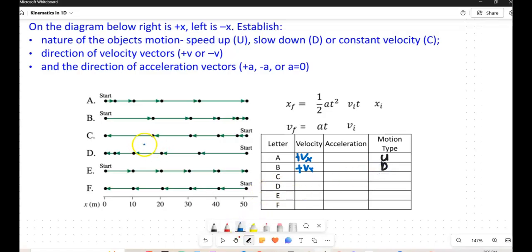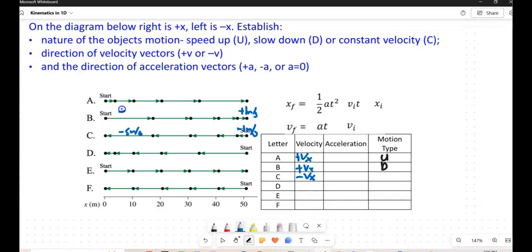Okay. C, well, you start here at the 50 meter mark. You're starting here and you're moving to the left the entire time. So C is a negative velocity vector in the x direction. And C starts out with a small vector that's negative 1 meter per second and ends up moving at negative 5 meters per second. So I'm going to just write those here. And this is negative 1 meter per second. This one would be positive 1 meter per second.